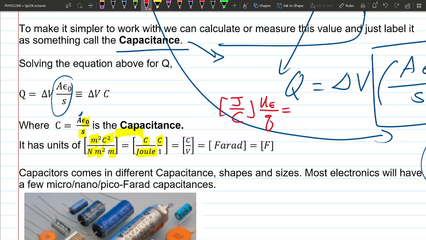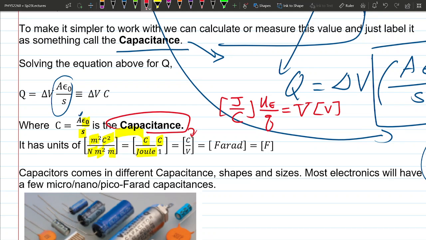Well, the unit is voltage, technically called electric potential, but voltage is correct. So this is going to have units of a volt. So actually a capacitance has units of coulombs per volt.